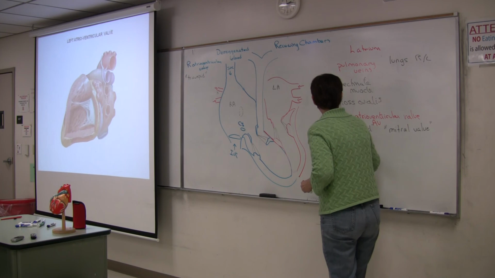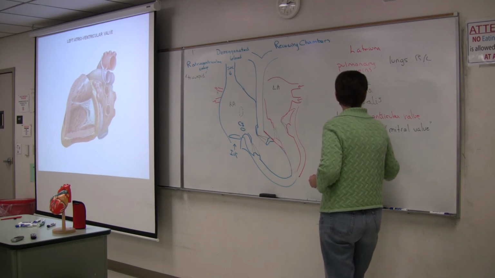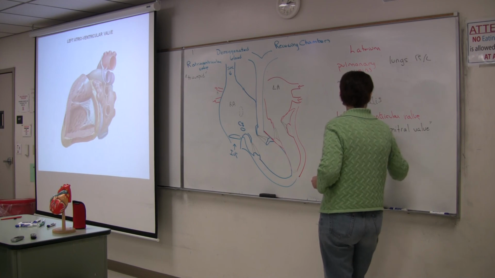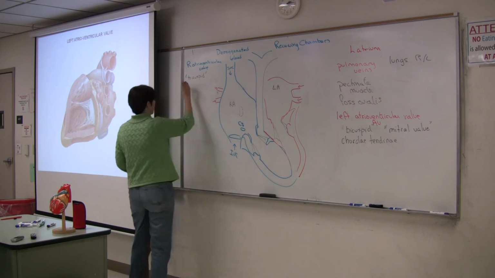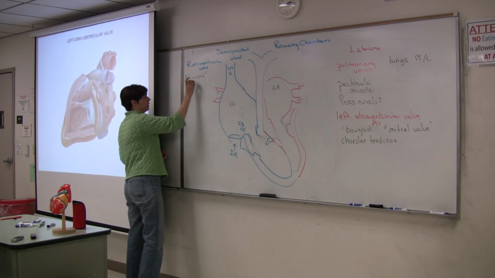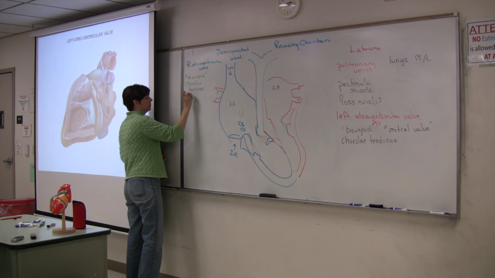So attached to the valve are the cords or heartstrings known as tendinous cords or chordae tendineae. We have them present on both sides. And they're attached between the valves and the papillary muscle.